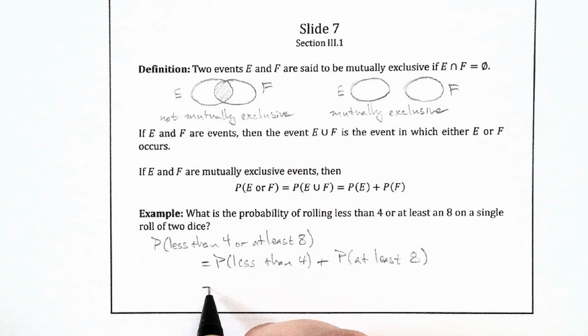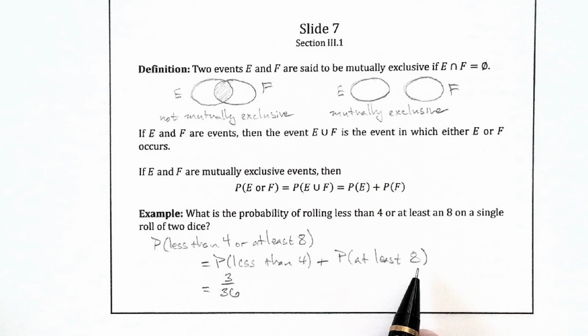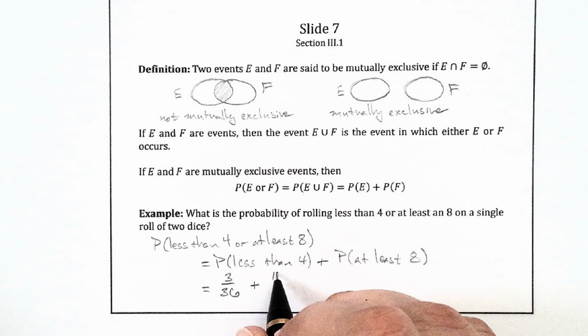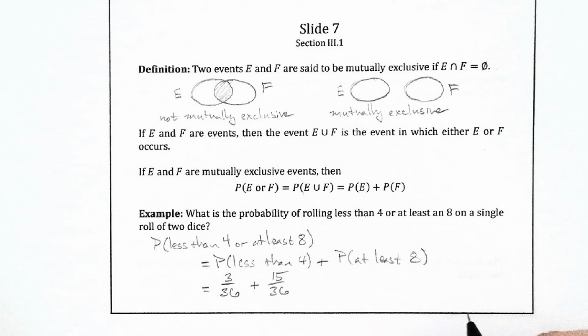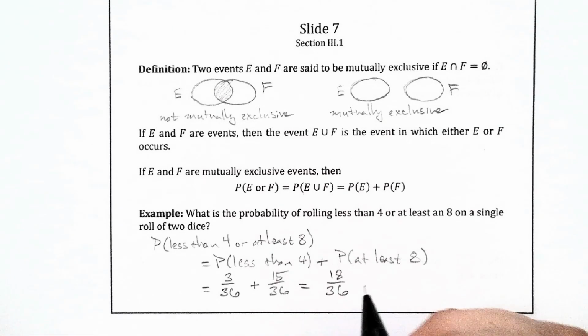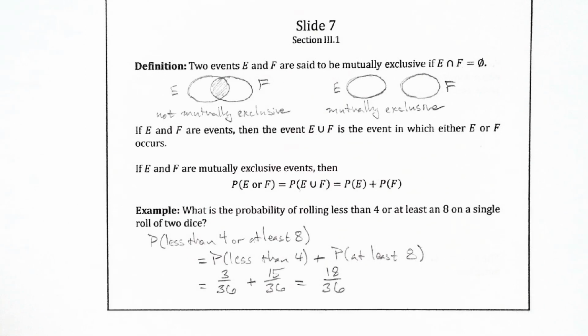And there were 3 ways to get less than 4, so that's 3 out of 36. There were 15 ways to get at least 8, like we just worked out. And I add those together and we get 18 out of 36. Okay, which is 0.5 or 50%. If you want to write it as a decimal or a fraction, or as a percent, that's fine.